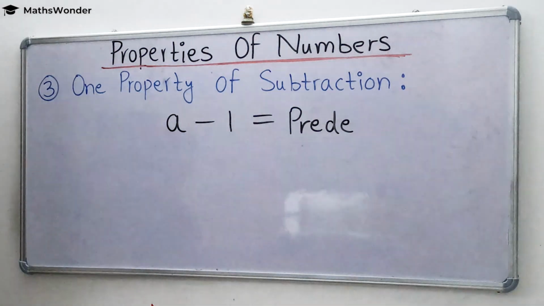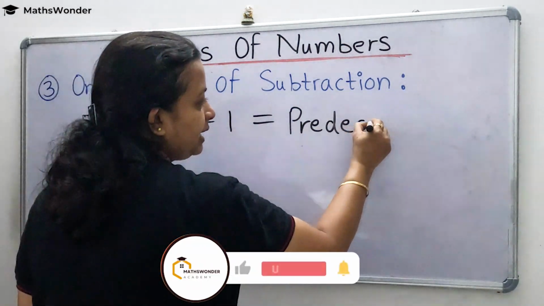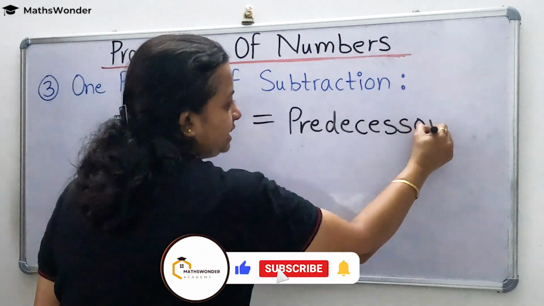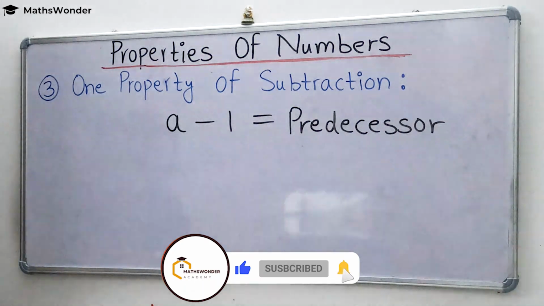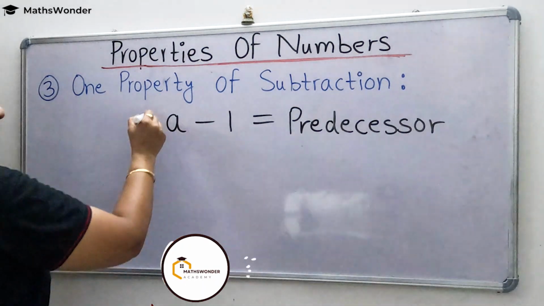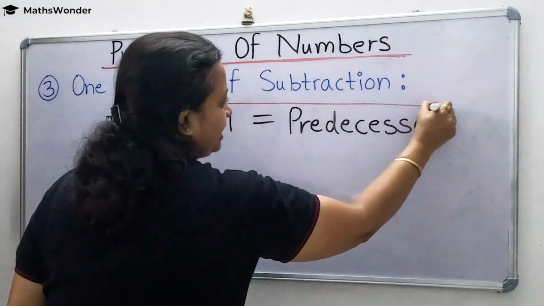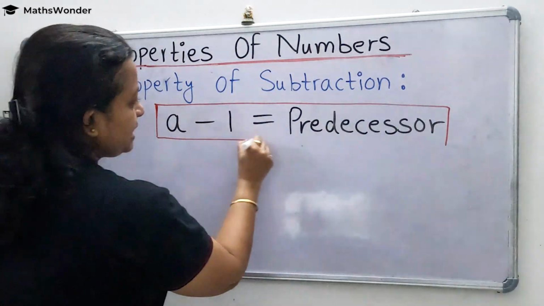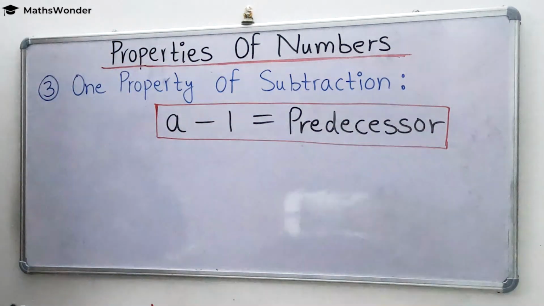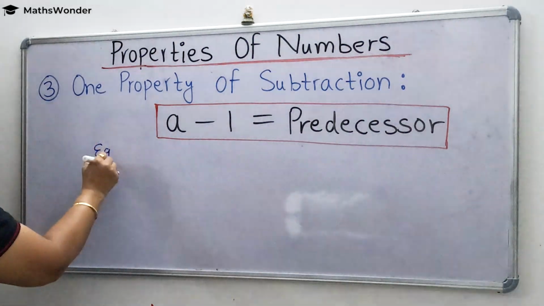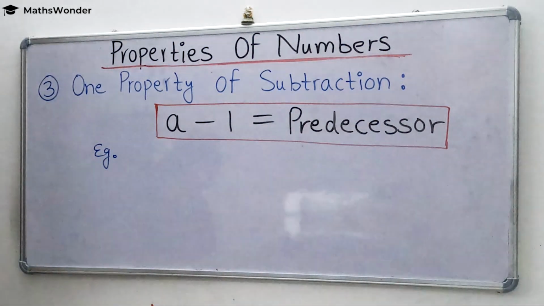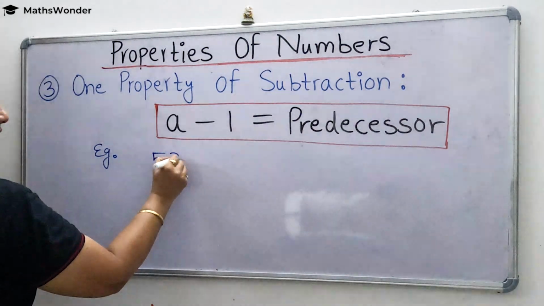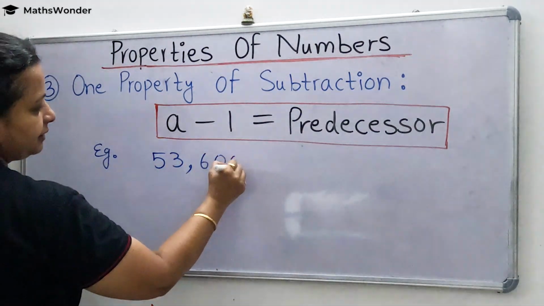Understood? Predecessor. We learned the same thing in the addition property: there we add 1, then we get a successor. And the same thing when we subtract 1 from any number, we get a predecessor. So take an example, 53,600.